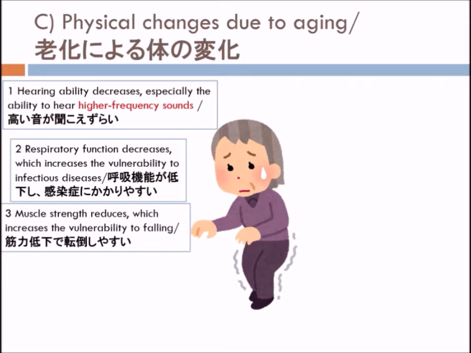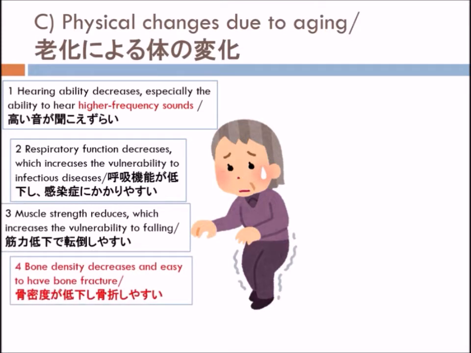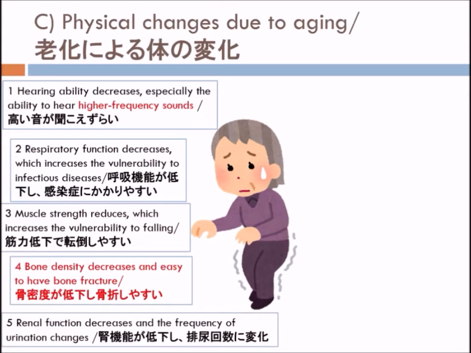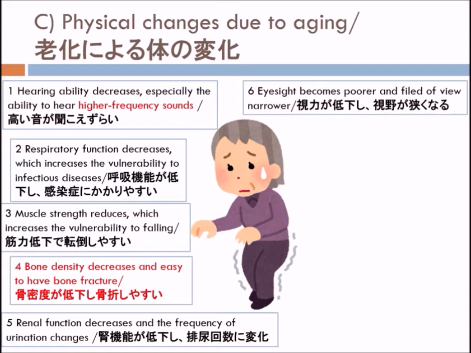Muscle strength reduces, which increases the vulnerability to falling. 4. Bone density decreases and easy to have bone fracture. 5. Renal function decreases and the frequency of urination changes. 6. Eyesight becomes poorer and field of view narrower.